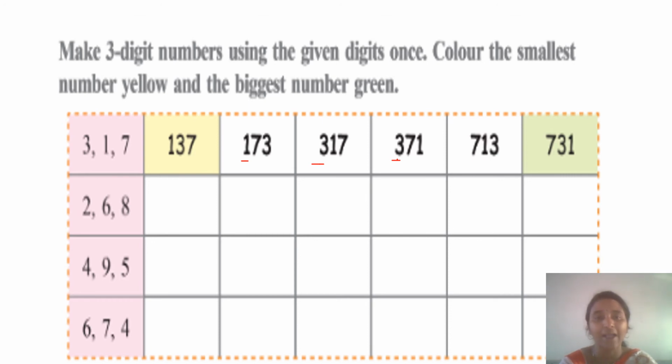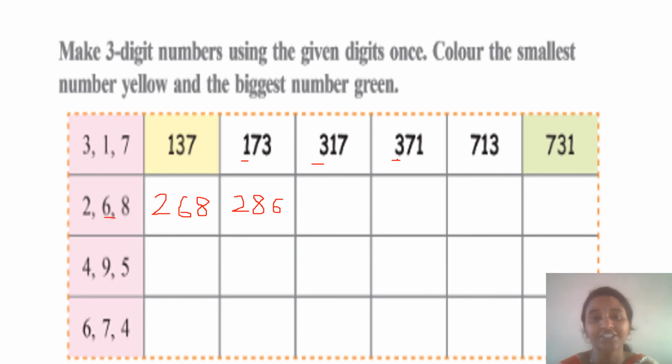I am writing 268 first. Next I will keep the 2 like that only and interchange 6 and 8, and I will write 8 in tens place and 6 in ones place. Next, which is the greater number? 6, right?